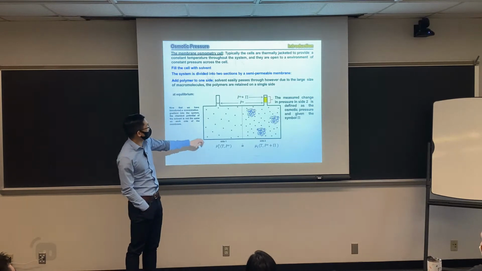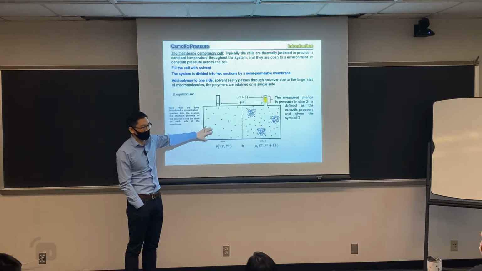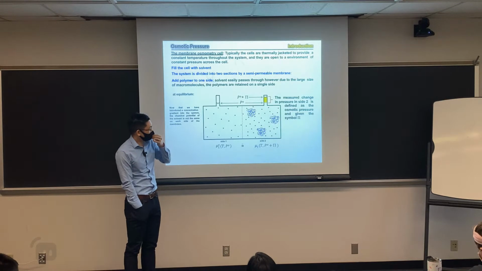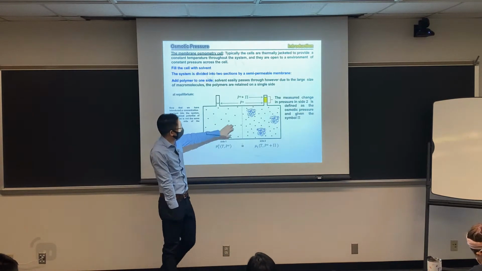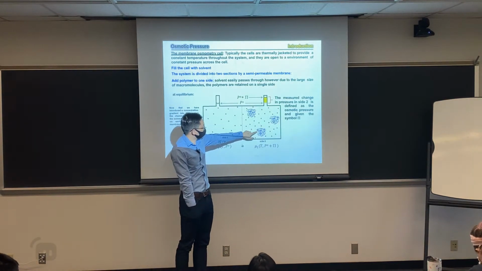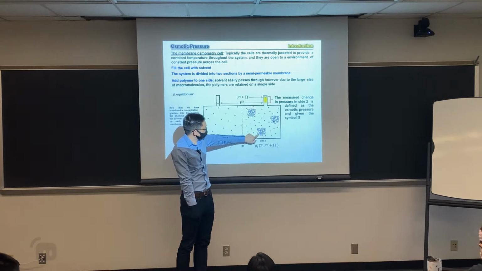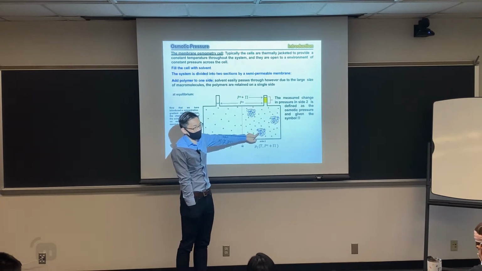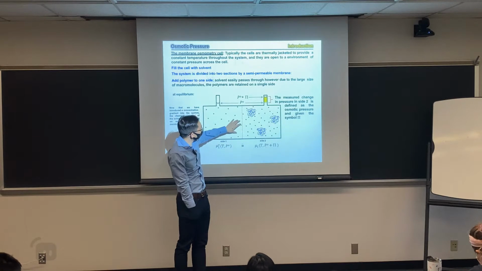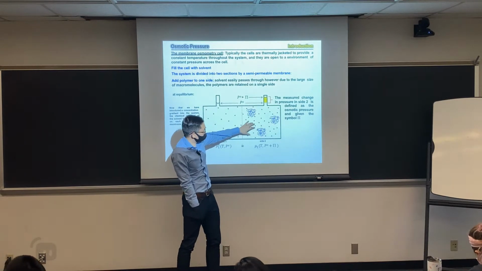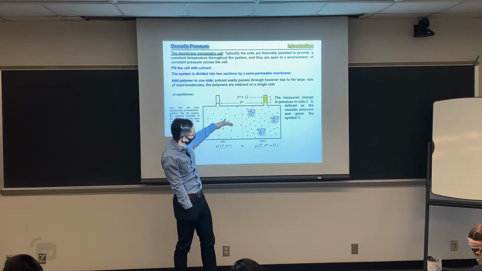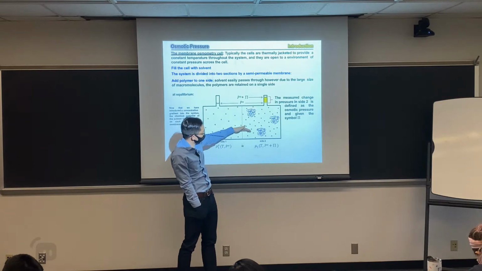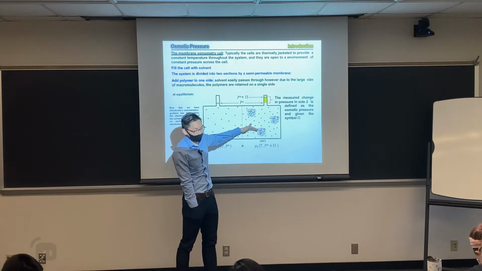So let's first understand what chemical potential is. Chemical potential or osmotic pressure tells you that the partial energy for this polymer is different between these two sides. So in order to compensate for that, we need to draw some of the molecules over to reach this equilibrium.